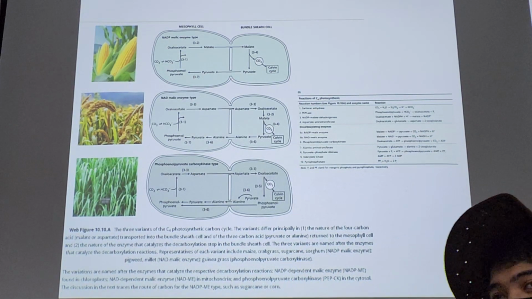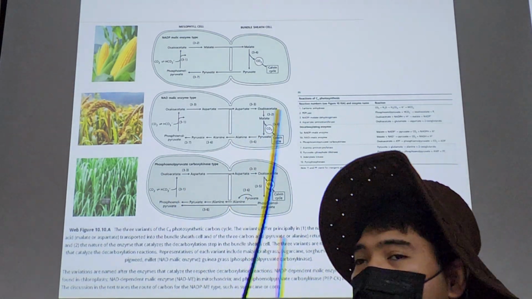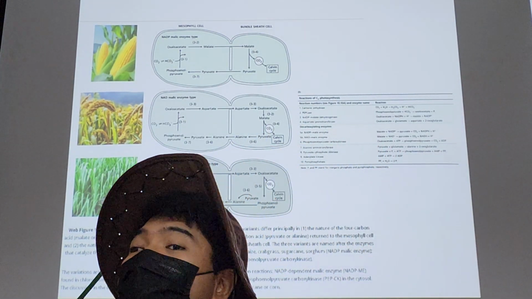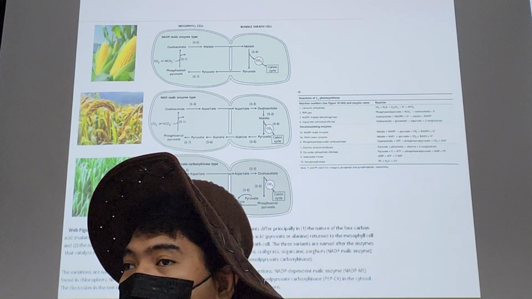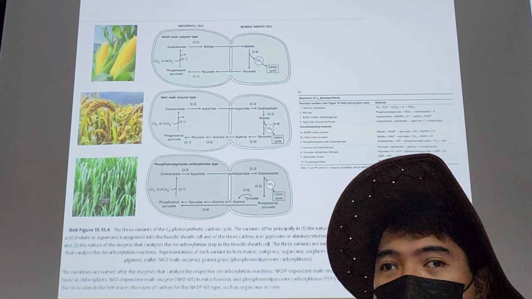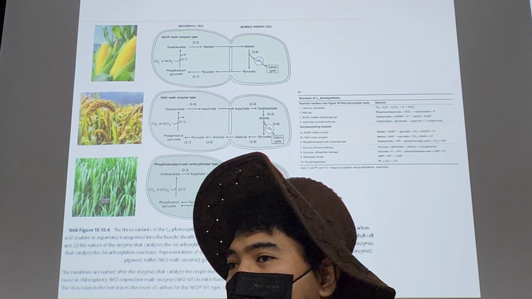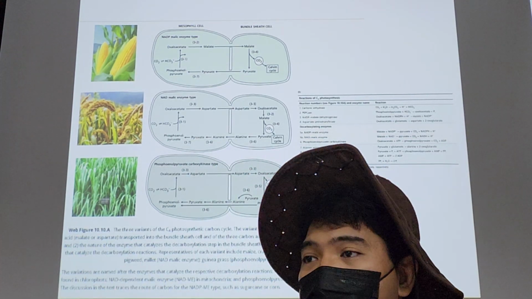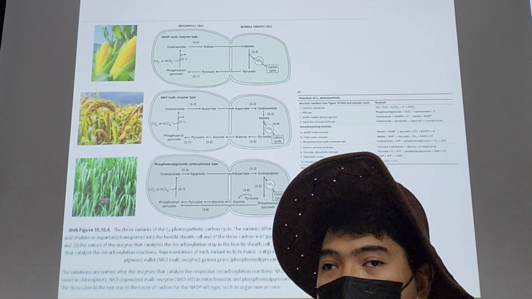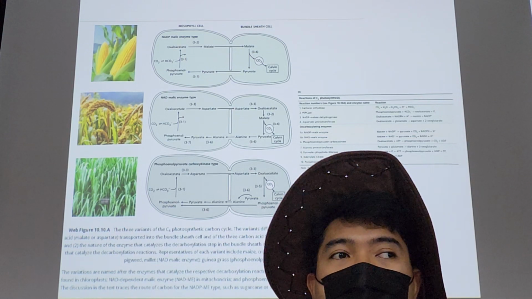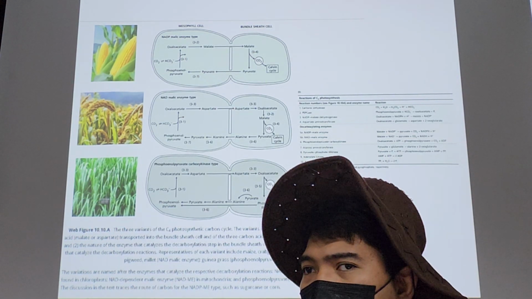Why? This is the question. This is one of the proofs that this is due to evolution. Because some plants have a quicker way, some have the shorter way, some plants are kind of confused and have both ways. The biochemical pathway looks uncertain, even though the plants belong to the same family.